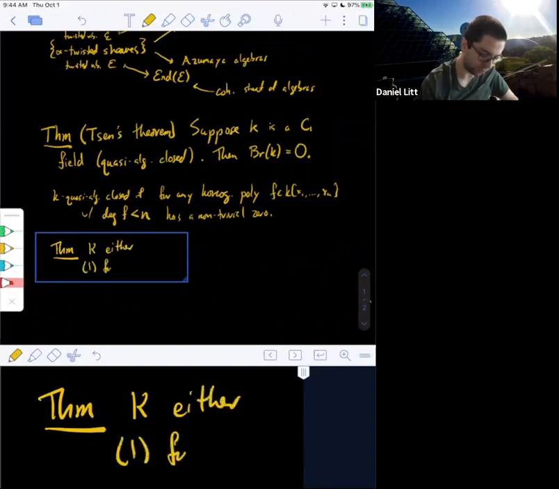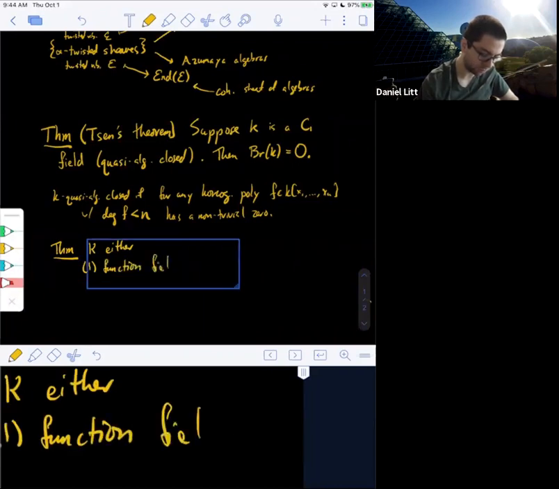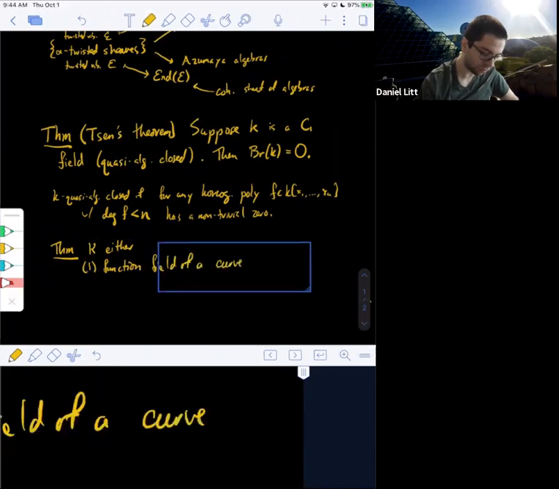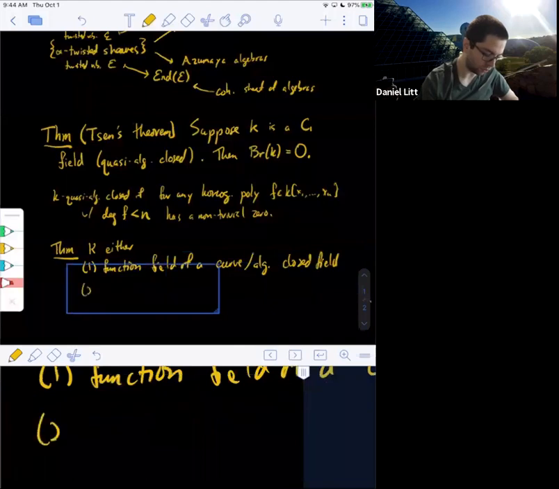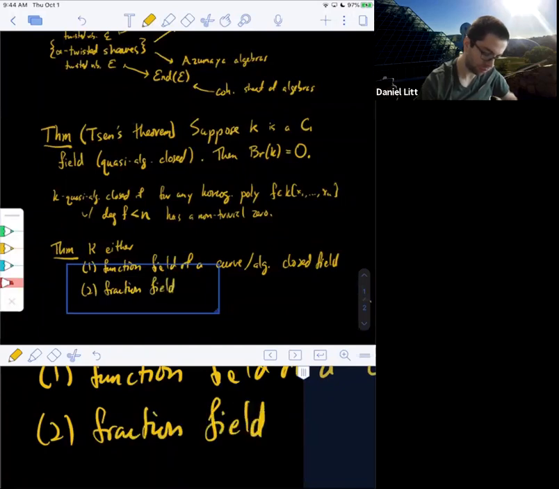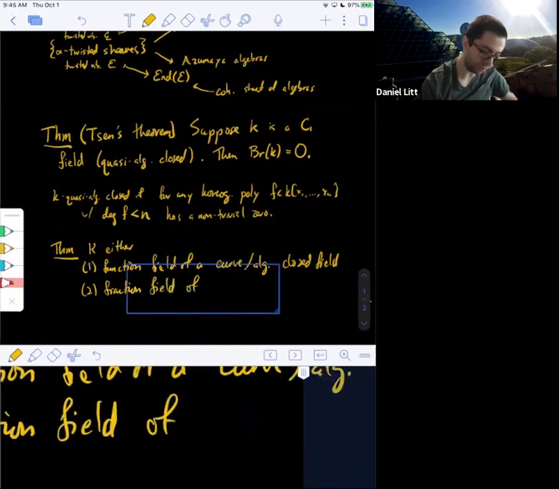One, the function field of a curve over an algebraically closed field. Or two, the fraction field of a strictly Henselian DVR.